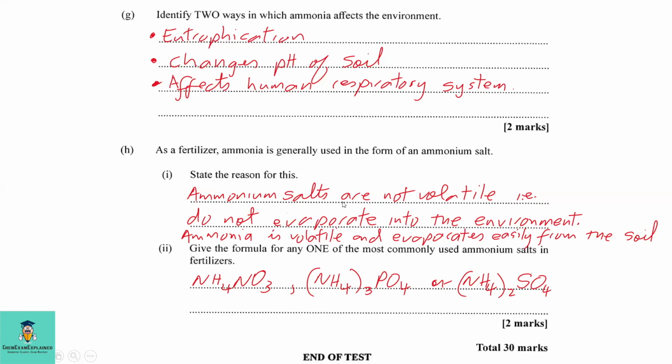And so it's best to use the ammonium salt, which is more stable in the soil than ammonia. Part 2. Give the formula for any one of the most commonly used ammonium salts in fertilizer. So the most commonly used salts in fertilizers are ammonium nitrate, ammonium phosphate, or ammonium sulfate.